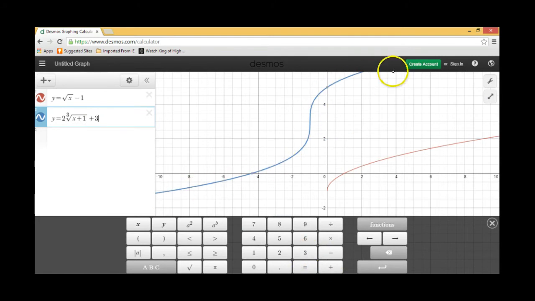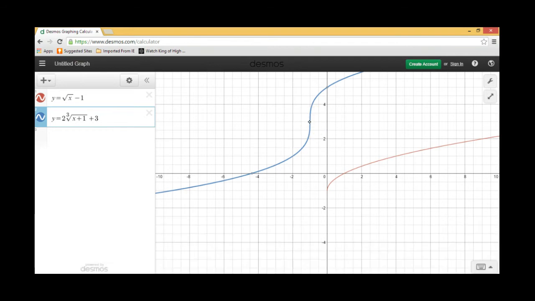So here, they have the picture, and you can go check it against your graph that you drew to see if they match. And again, if you need to, you can hover, and it will show you some of the points.